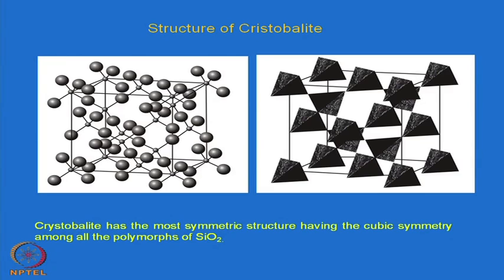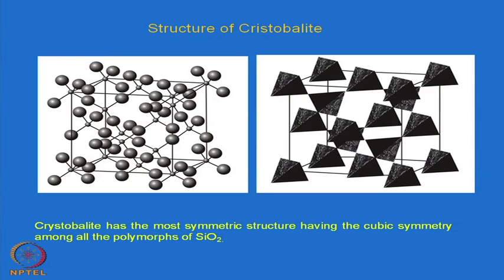This is the cristobalite structure. Cristobalite has the most symmetric structure. As you can see, it is available at the highest temperature, and normally the higher the temperature of stability of any particular phase, the more symmetric the structure is compared to the lower temperature phases.